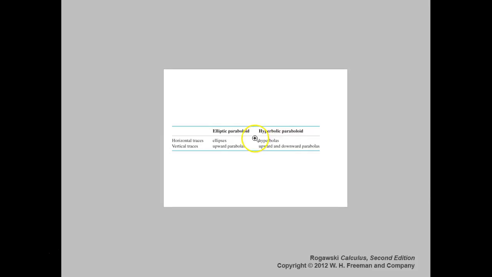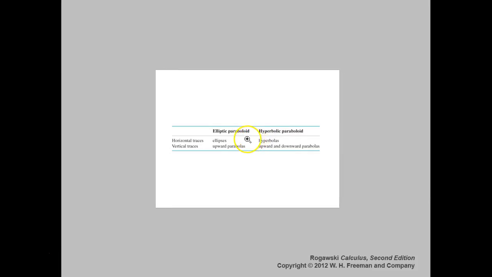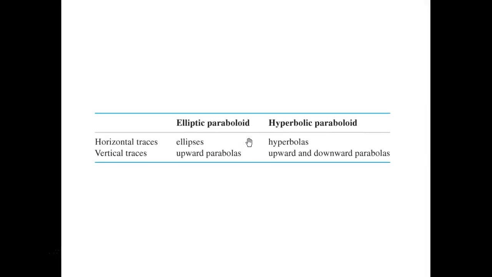Here's what those look like. Well, no, we don't get to see what they look like yet. Let's zoom in on this. All right, this is basically what I'm saying. I was using the wrong term. I was saying level curves, which is what they are, but this calls them horizontal traces.